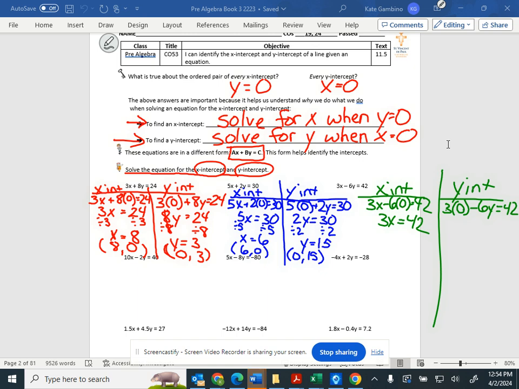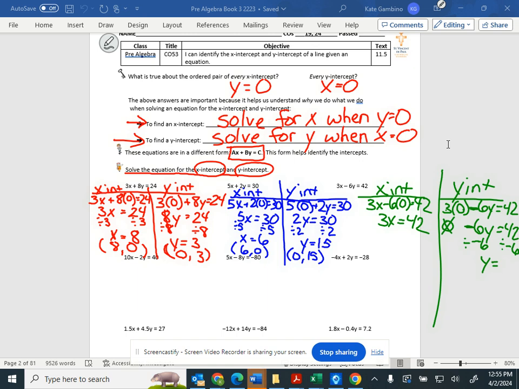When 3 times 0 zeroes out, that minus sign doesn't just disappear. It becomes a negative 6. So minus 6y becomes a negative 6y. So that's going to change your answer, because you need to divide by negative 6.